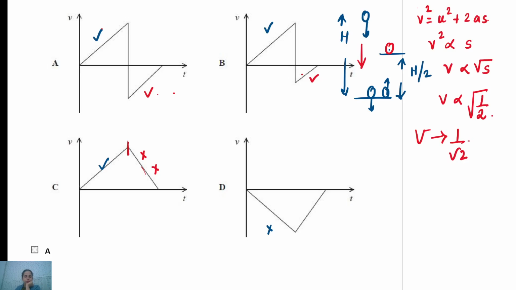So 1 over root 2 is 0.7. That means when your distance is halved, your velocity becomes 0.7 times the initial velocity.